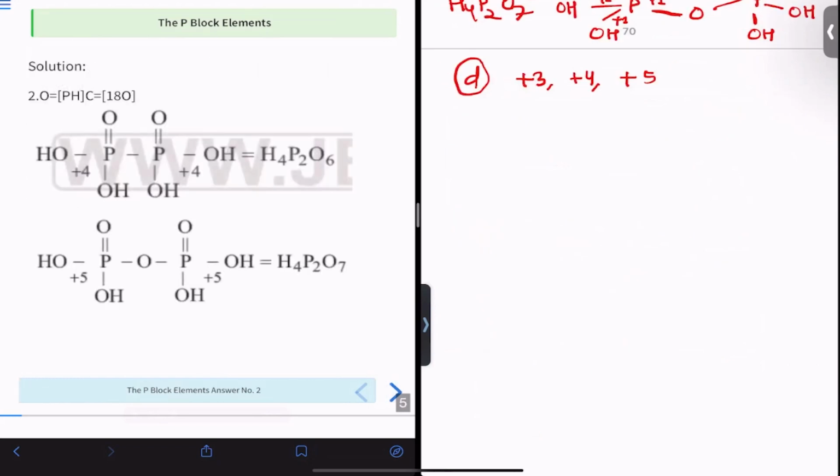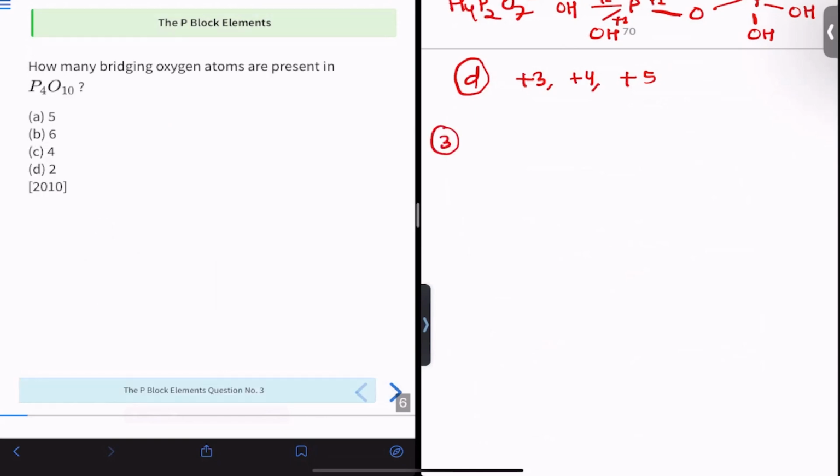So moving on to question number 3. How many bridging oxygen atoms are present in P4O10? So again, to find out the bridging oxygen atoms present in the compound P4O10, what do we have to do? Again, you have to draw the diagram for P4O10.